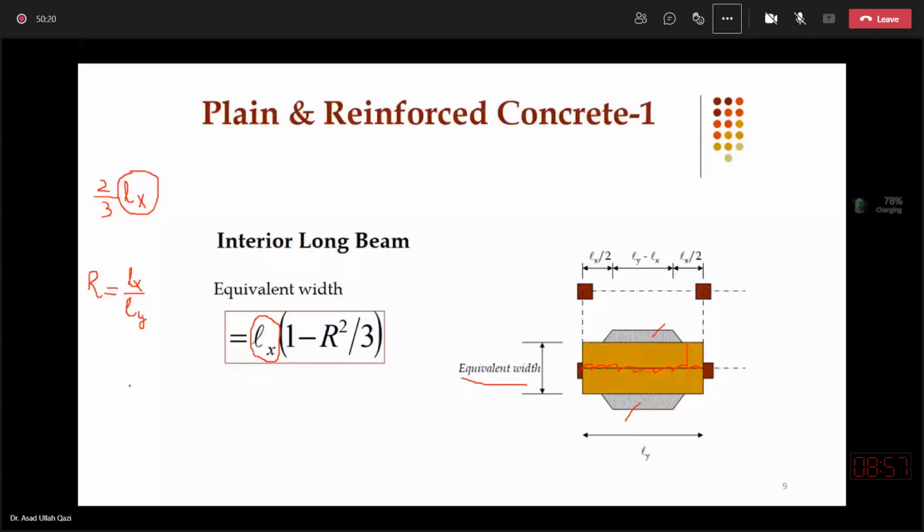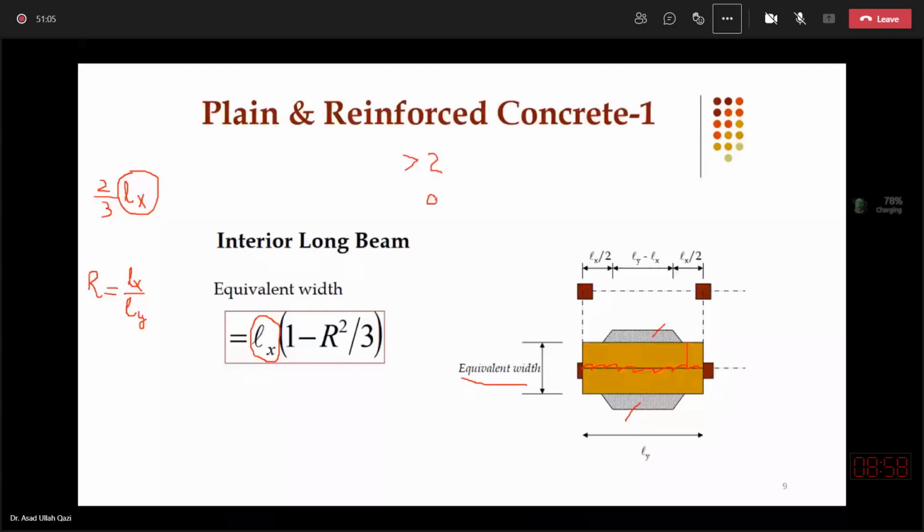Here in this equivalent width equation, R is arranged as shorter over longer, Lx over Ly. Even to classify the slabs, you can take the ratio of shorter over longer. As I said, if longer over shorter is greater than 2, then it is a one-way slab. If I reverse this, it becomes shorter over longer, 0.5.